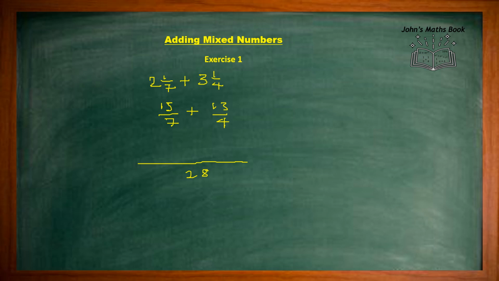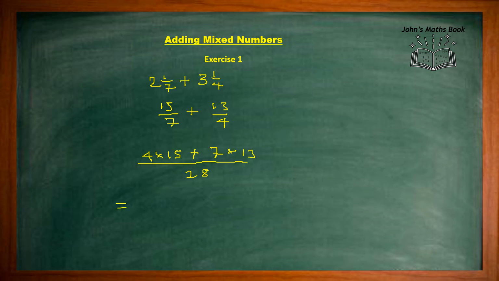So now we divide 7 into 28, which goes 4 times, and multiply it by the original numerator, which is 15. So it's 4 times 15, plus 4 divided into 28 goes 7 times, times 13.